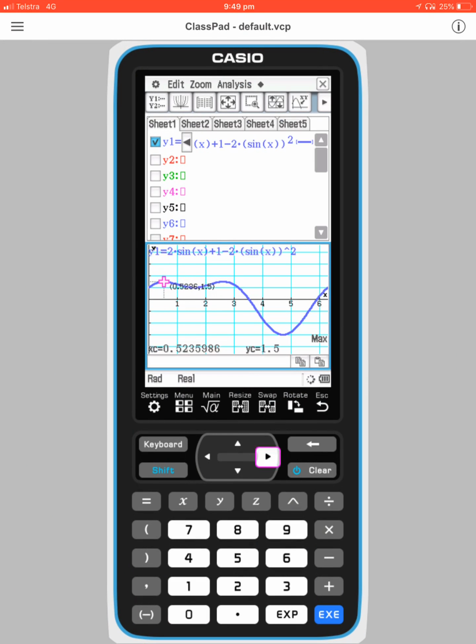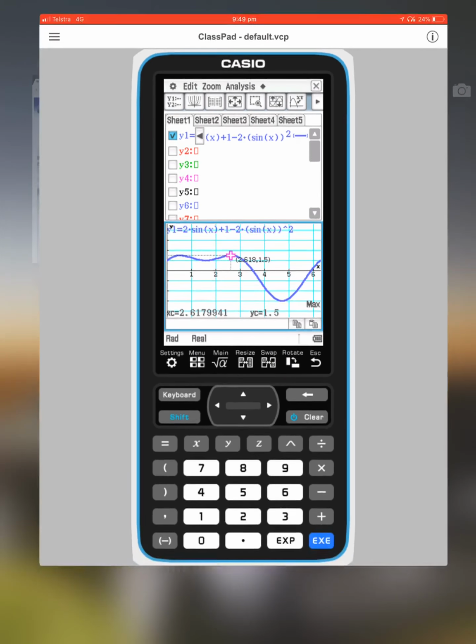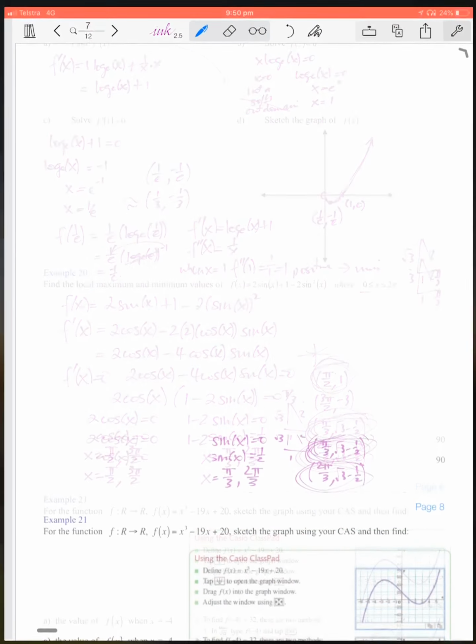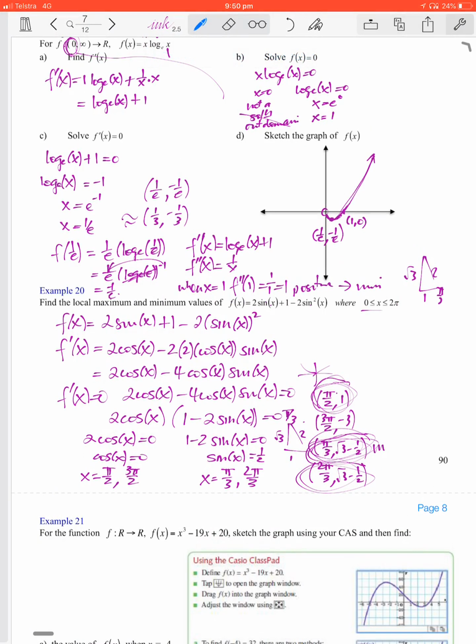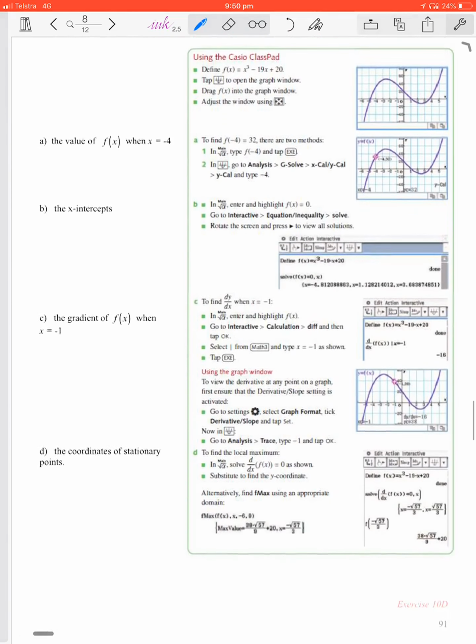So your max is at pi on 3 and 2 pi on 3. And then your mins are at pi on 2, 1, and at whatever that value is. So these are both maxes. Max, max, and then min, min. You could also use a gradient table. That's going to be a pain in the butt there.